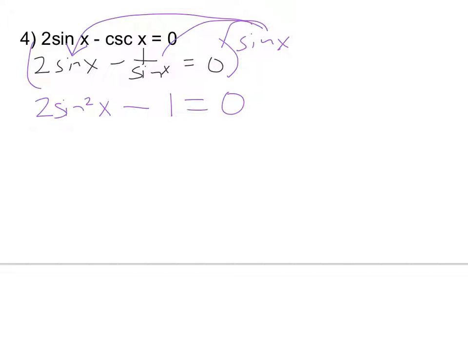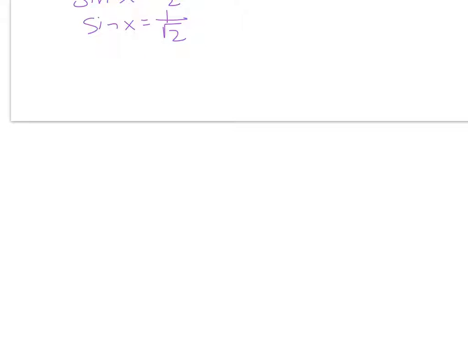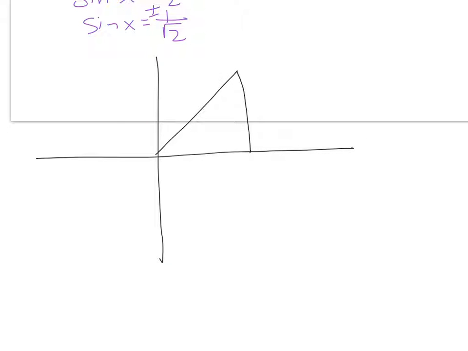So now I'm going to solve for this. Sine squared x is equal to 1/2. Take the square root, so sine x is equal to 1 over the square root of 2. Oops, I took the square root, so this should be plus or minus. So I have 1 in each quadrant, and I see a square root 2.